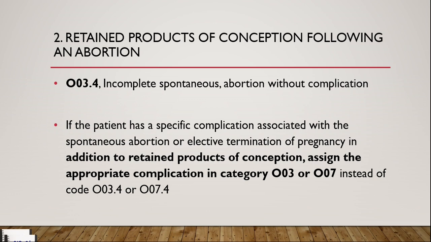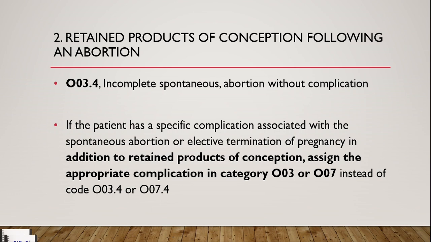That's why they added this code, because there are cases like that. Most of the time we assume that if there's a remaining product of conception inside, that should always result in a complication. But for some reason, there are cases where even if there is a remaining product of conception, there's no complication at all.